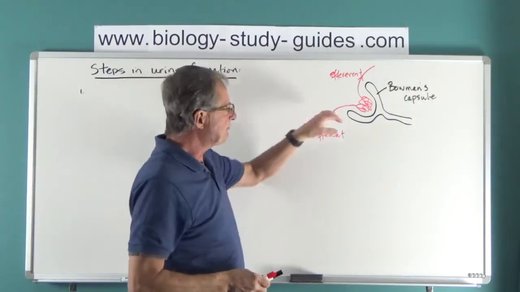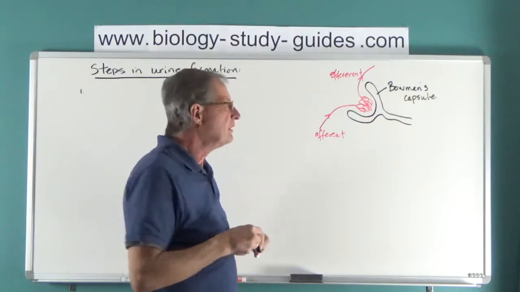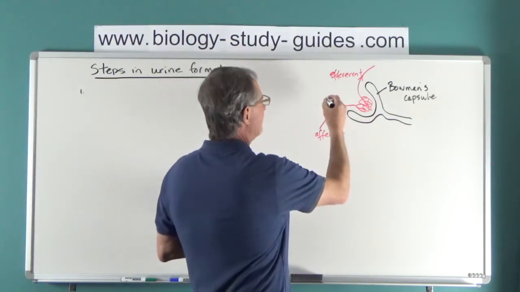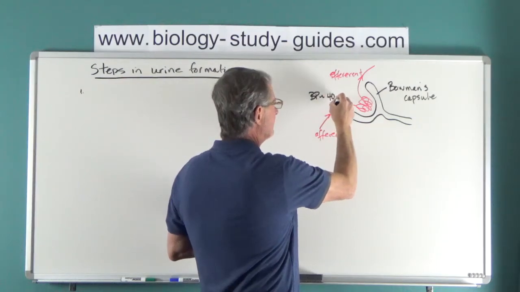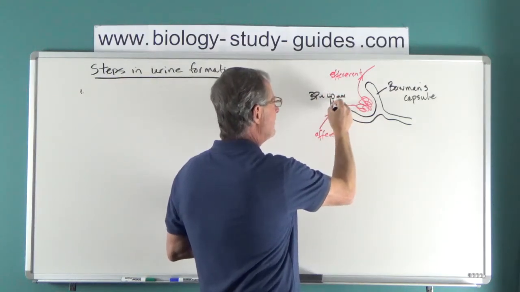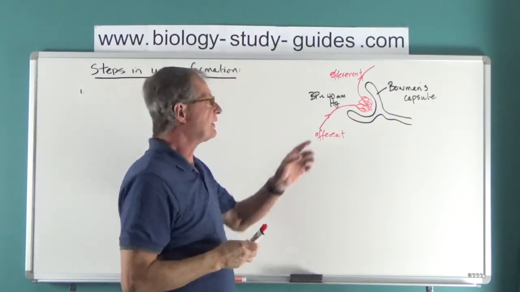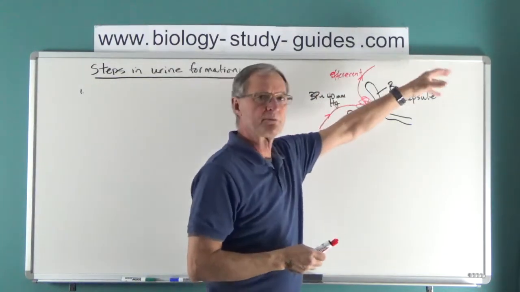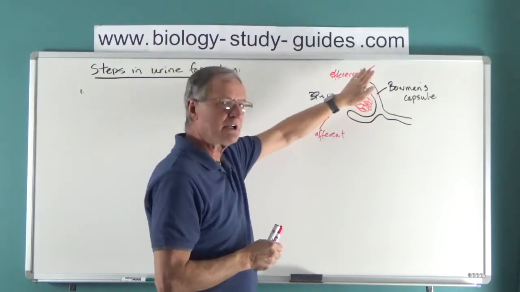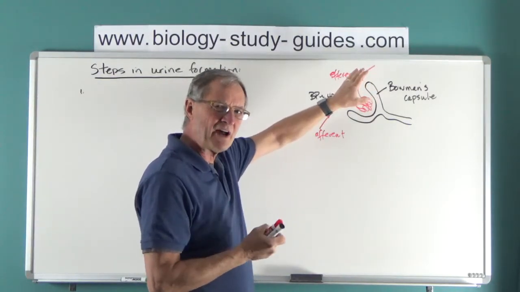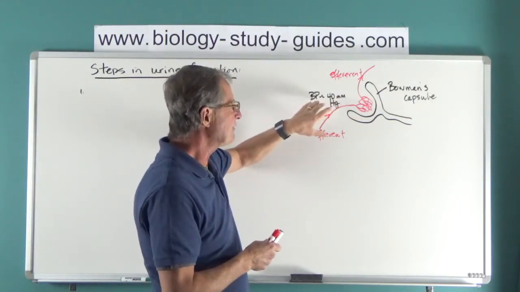So the blood pressure in here might be somewhere in the range of, say, 40 millimeters of mercury. It can be a little higher than that sometimes. At the beginning of a capillary bed, off here where it forms the capillary bed that goes around the nephron structure itself, we're dealing with blood pressures of 35 to 25 to 15. Here we're a little bit higher than that.